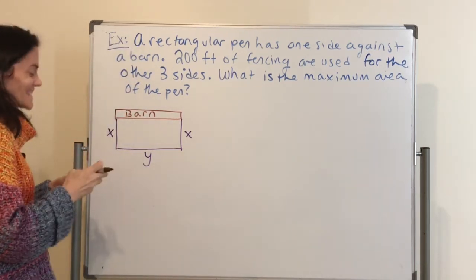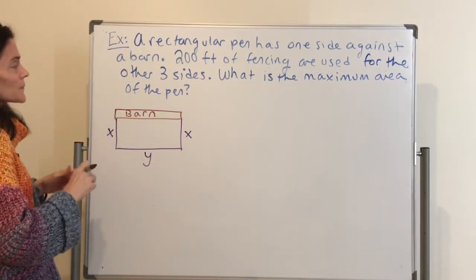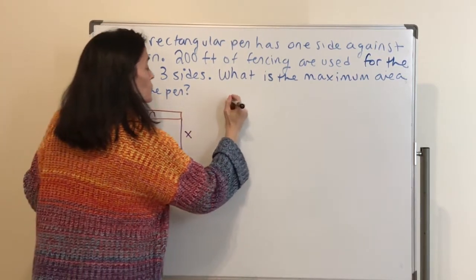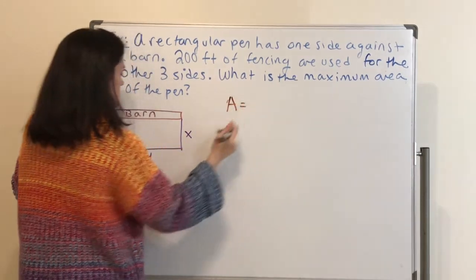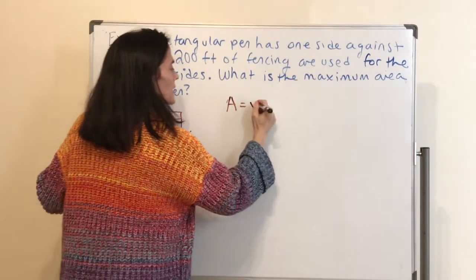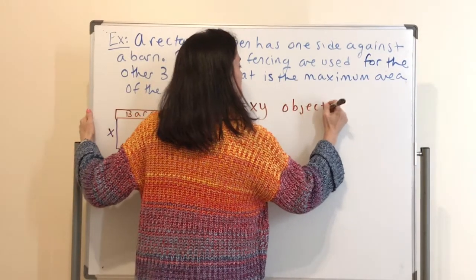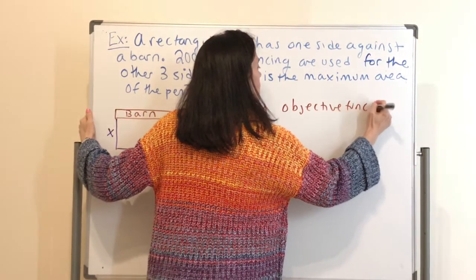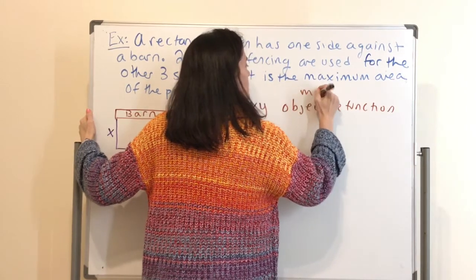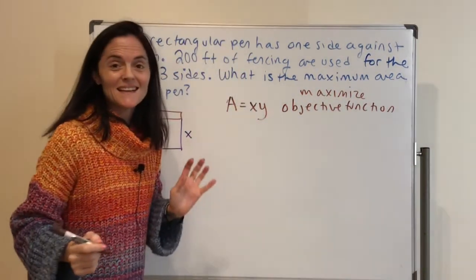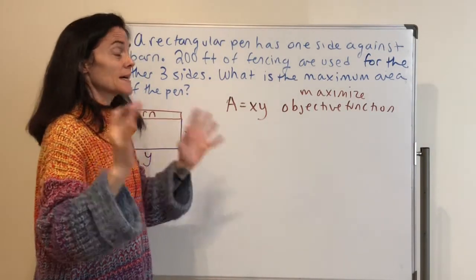Wonderful. Well, let's get started with this problem. We want maximum area. So I will write area is, well, it's x times y. And this is our objective function, and we want to maximize. And then this is subject to a constraint equation.